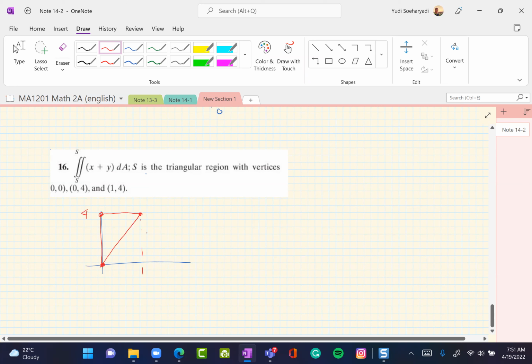And so you need to find the equations now. The equation through 1, 4 is y equals 4x.